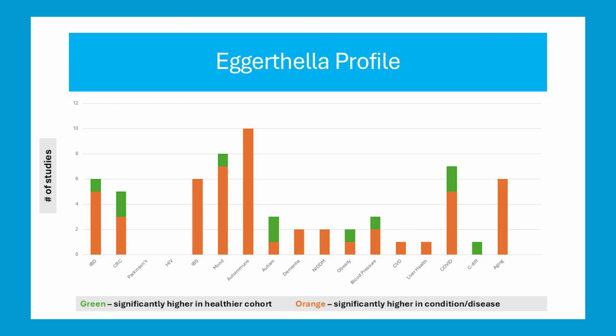Another often accused microbe in RA is the genus Eggerthella, which is pretty much represented by one species, E. lenta. Here we see the data for Eggerthella across all diseases and conditions I've analyzed over the years. As you can see, it's almost always significantly higher in the disease cohort and significantly lower in the healthy controls.